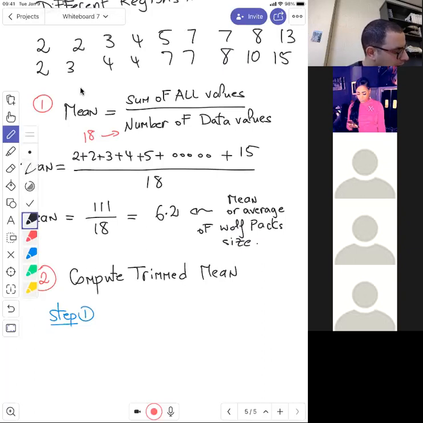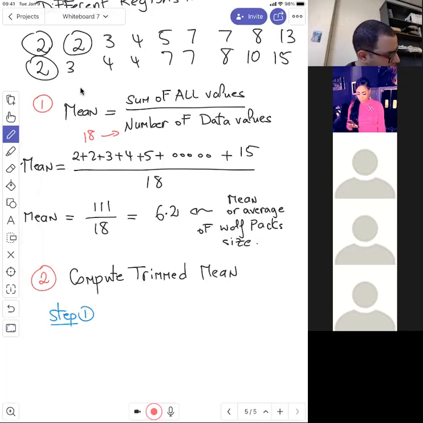So the smallest data value would be 2, of course. So how many 2s do we have? We have three 2s, right? So it's 1, 2, 3. And then after that, we have two 3s. So 3, 3, and then three 4s.